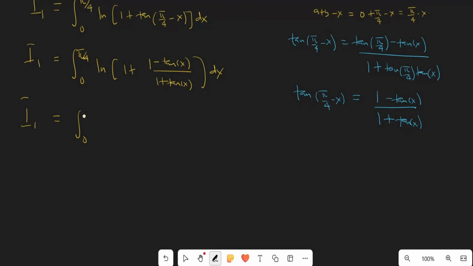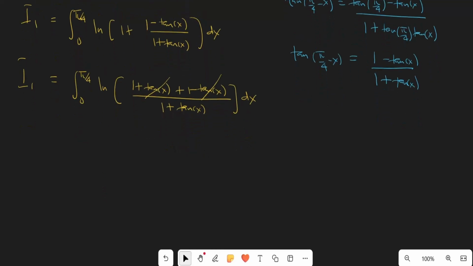I1 is the integral from 0 to pi over 4 of the ln of, we can now multiply in with this, which is 1 plus the tangent of x plus 1 minus the tangent of x, all divided by 1 plus the tangent of x, dx. So this cancels this, and then we have I1 equal to the integral from 0 to pi over 4 of ln, and this is now of 1 plus 1, which is 2, all over 1 plus the tangent of x, dx.